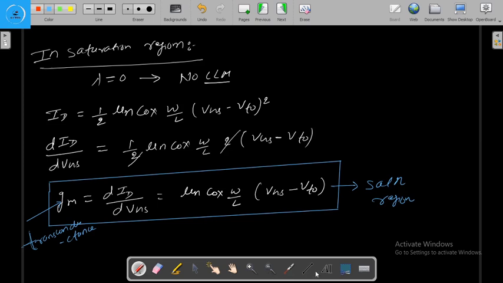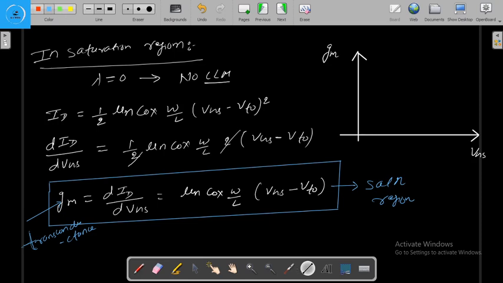Now we are going to draw the graph between gm, the transconductance, and VGS.